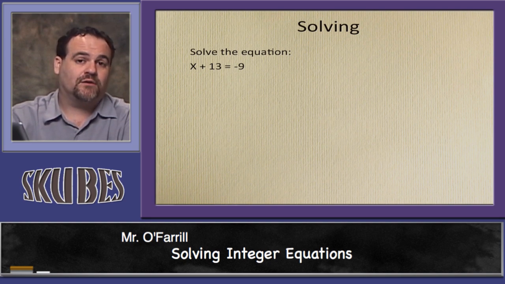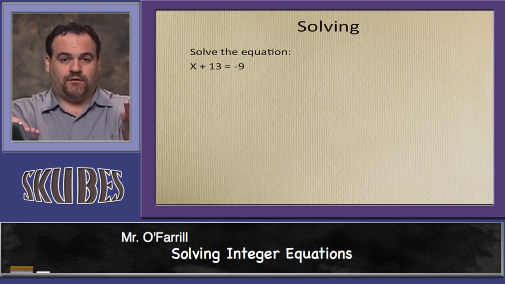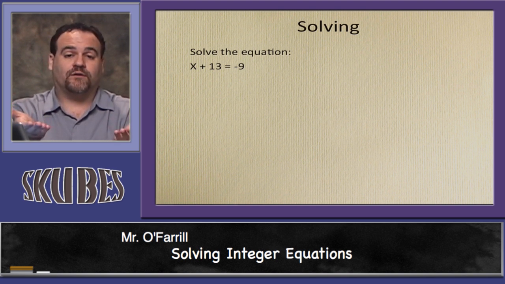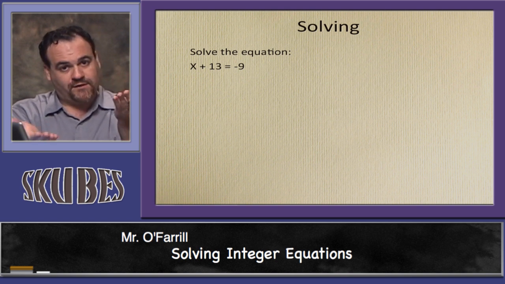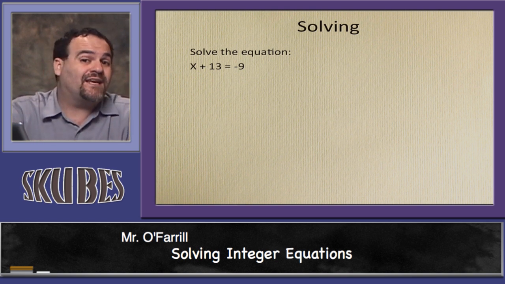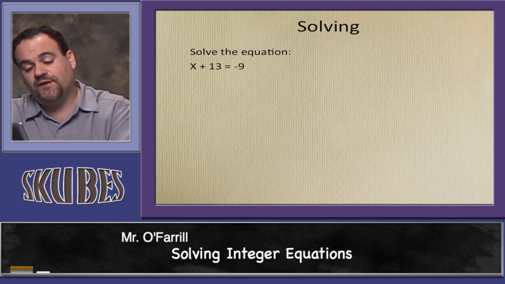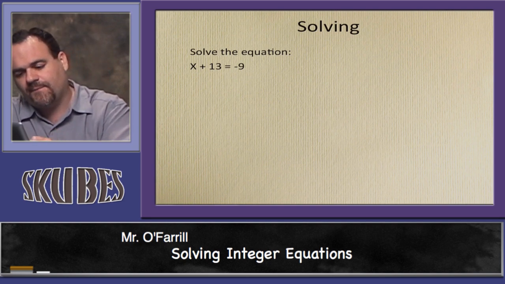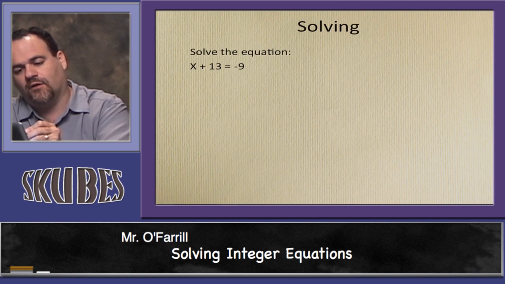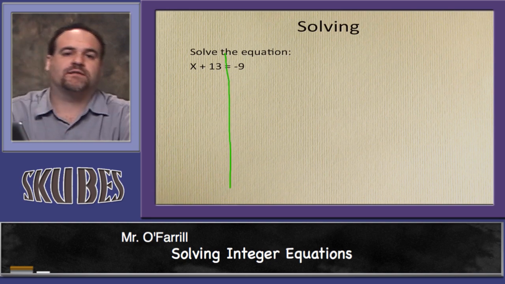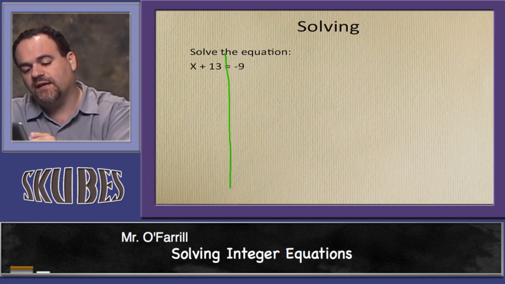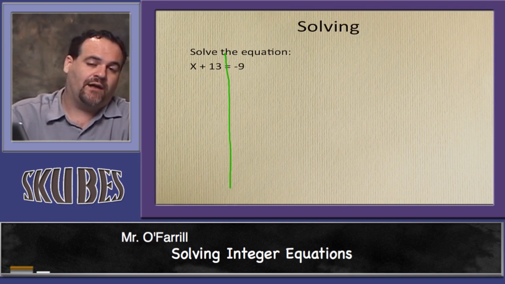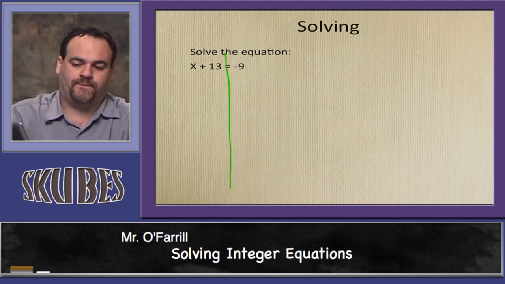If you have an old style pan scale, if you pull something off of this side, you need to pull the same amount off of the other side in order to keep it even. Now, as a visual clue for you and for me, I like to draw what I call a balance line. It's a nice visual aid to help me remember that anything I do on the left side of that line, I have to do the exact same thing on the right side.